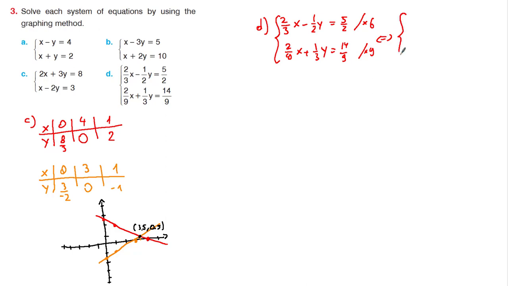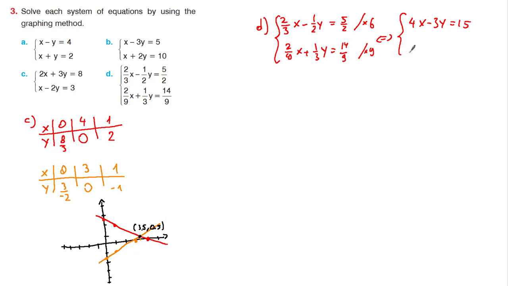So after multiplying by 6, you'll get 2 over 3 times 6, which will be 4x minus 3y equals 15.